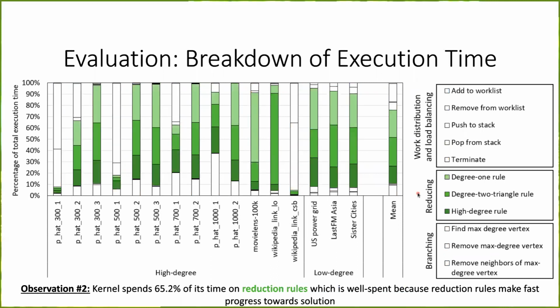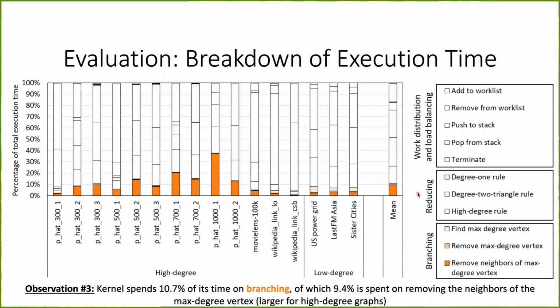The second observation is that the kernel spends 65.2% of its time on reduction rules, which is well spent because reduction rules make fast progress towards the solution. The third observation is that the kernel spends 10.7% of its time on branching, of which 9.4% is spent on removing the neighbors of the max degree vertex, which is larger for high-degree graphs.